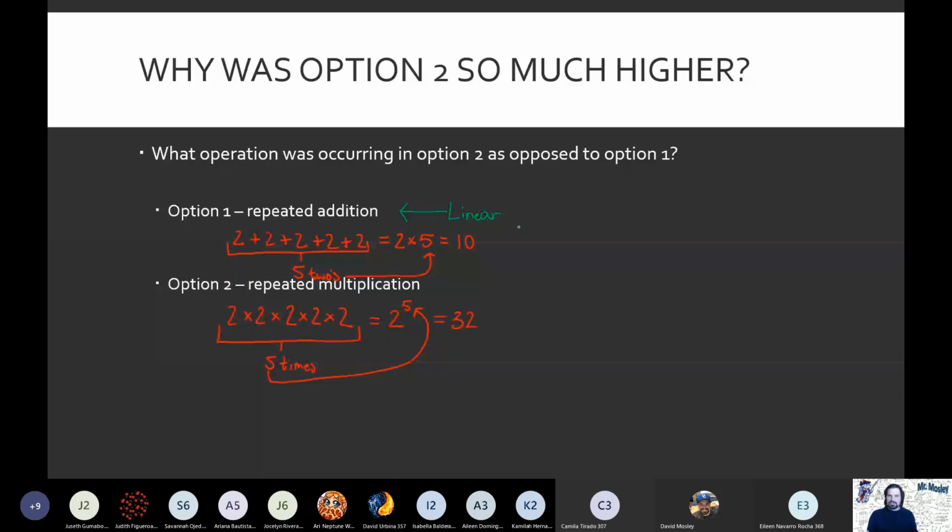Linear functions, the rate of change is adding the same number or subtracting the same number every time from a certain start value. That is linear. Repeated multiplication or repeated division, which we'll get to in the later part of the unit, that is exponential.